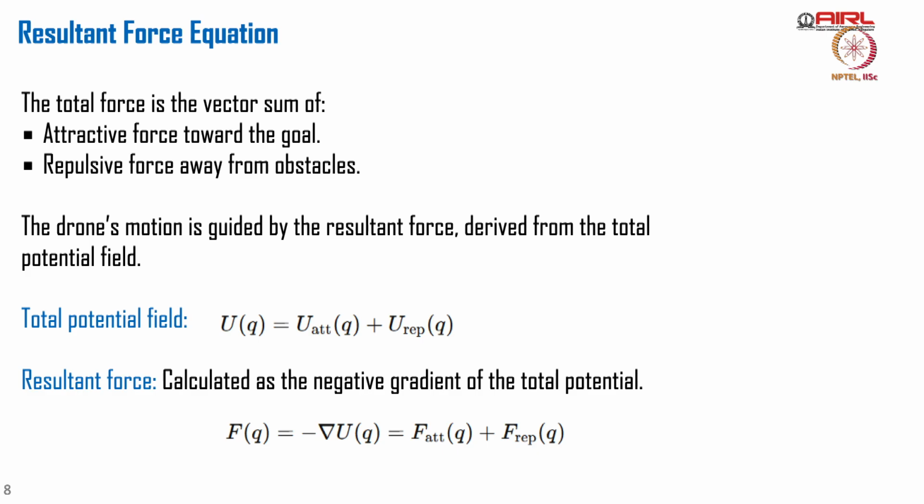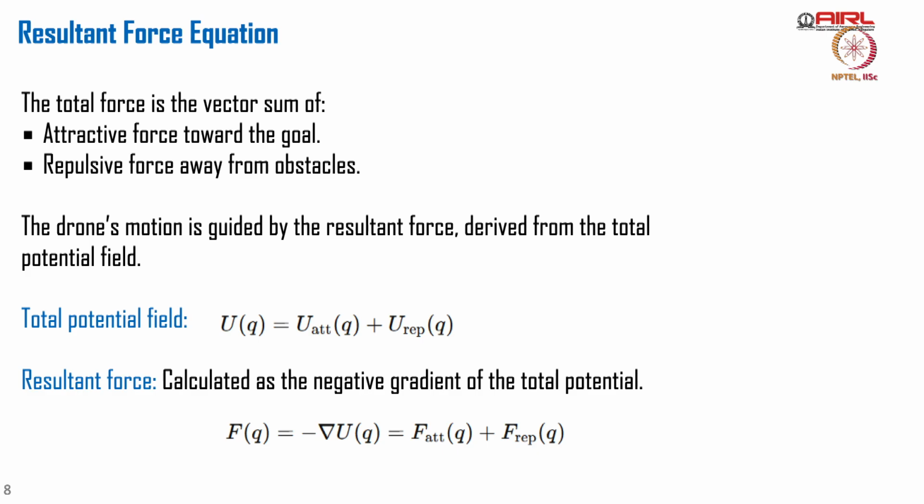Now let's look at the resultant force equation. There are two forces acting on the drone. One is the attractive force, which attracts the drone towards the goal. The other is the repulsive force, which is pushing away from the obstacle. The drone's motion is guided by the resultant force, which is derived from the total potential. The total potential is the sum of attractive potential plus repulsive potential.